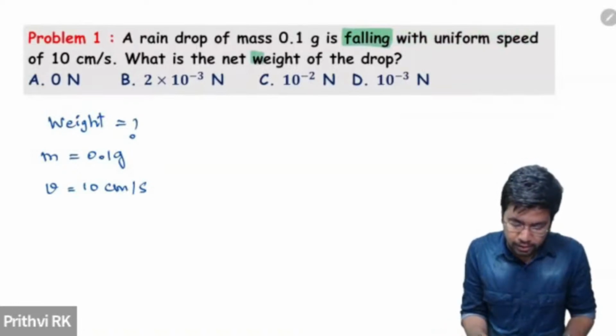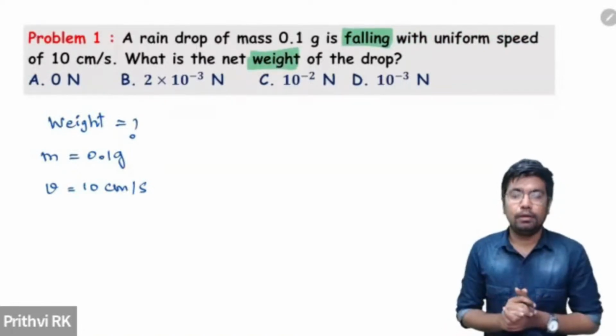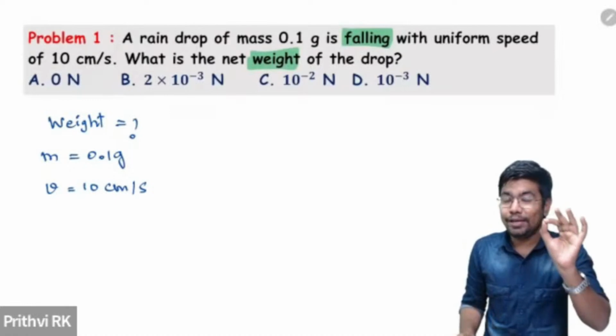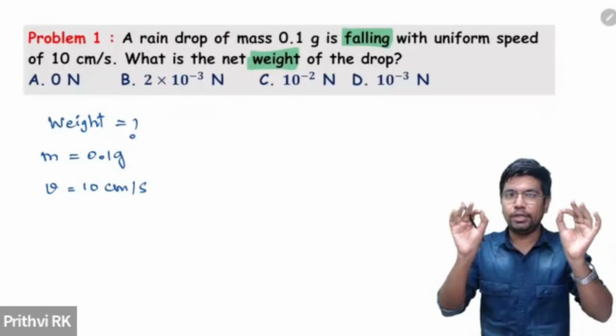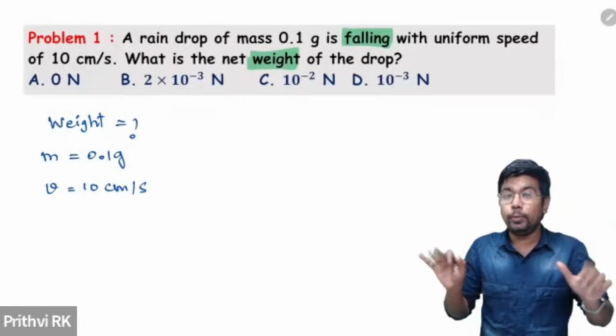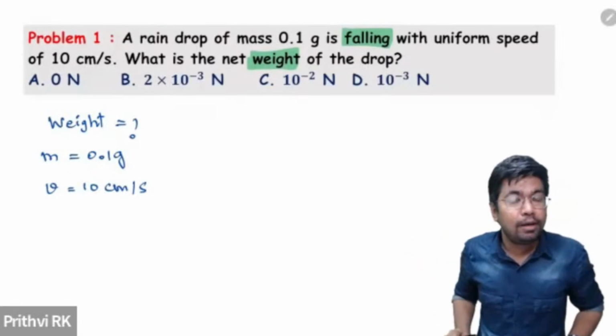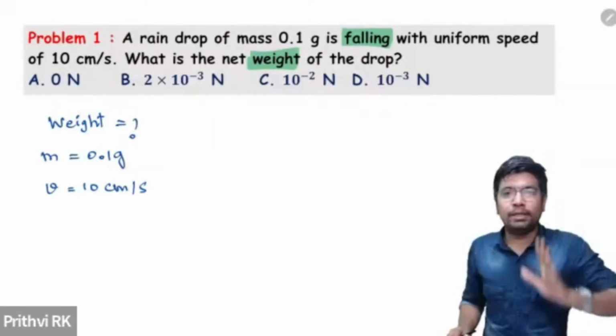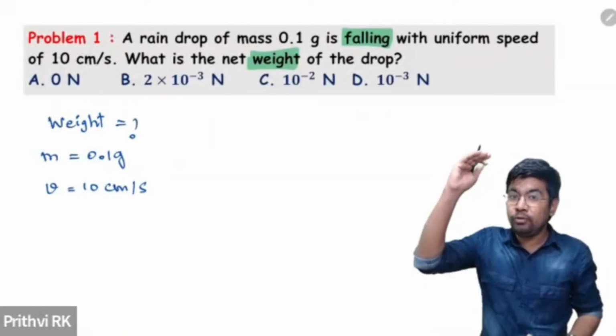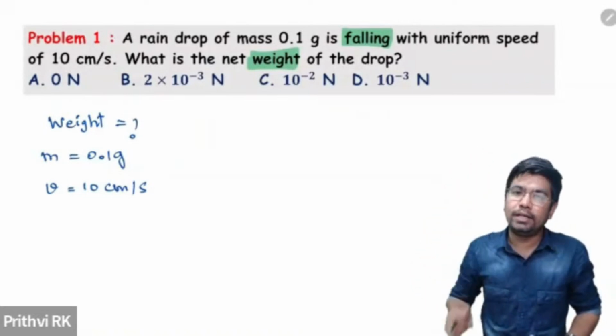And what are they asking? Weight. So I'm going to tell you a very important thing. Please pay attention and listen to me. It is going to help you solve lots of problems. When an object is falling down, when it is in free fall, its weight is zero.